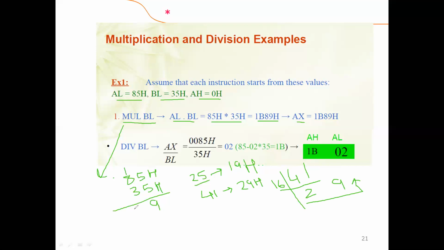Now, what will be the result here? 29. Now we need to multiply by 3 also. The method is the same which we use in the decimal number system. Now we will multiply 3 by 5. 5 3s is 15.